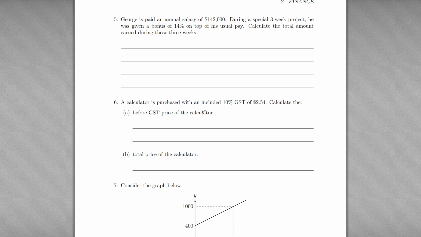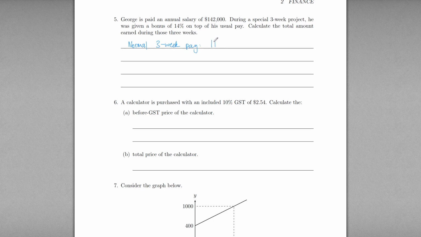Alright, George is paid an annual salary of $142,000. During some 3 weeks, he was given a 14% bonus on top of his usual pay. How much did he earn in those 3 weeks? So first step is to work out how much does he normally earn in 3 weeks. So we think, what's the normal 3-week pay?